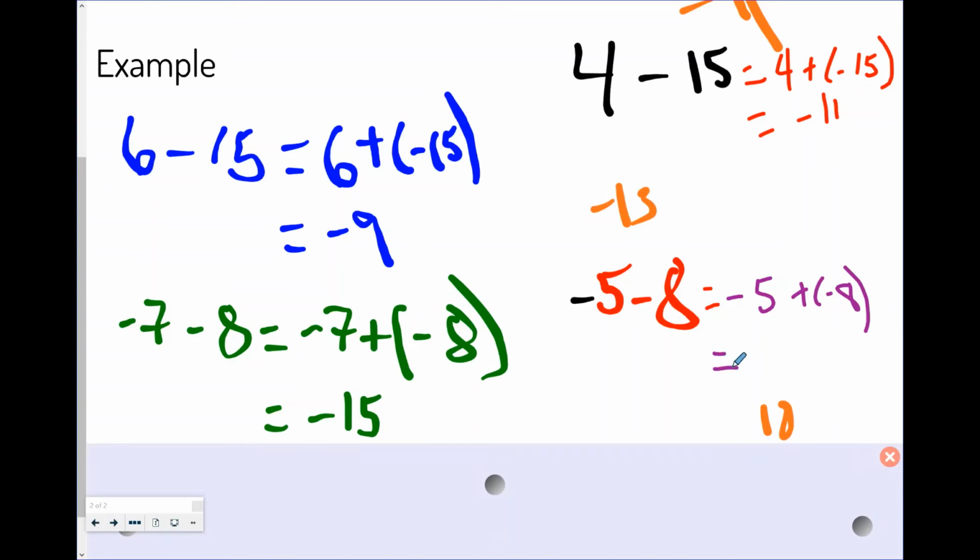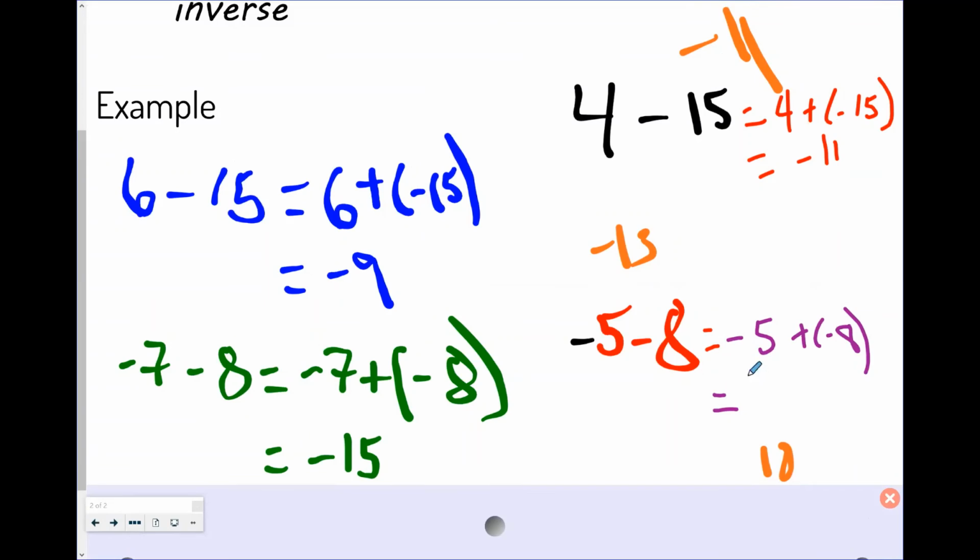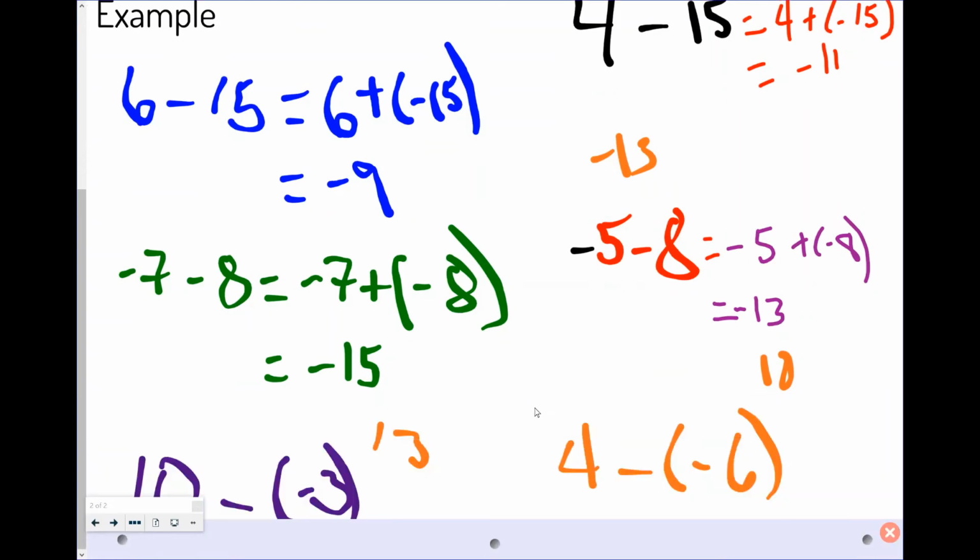Again, just like with adding integers, we're going to add, which is going to be 15. No, it's going to be 13. I'm looking at that problem down there. Is it going to be a negative or a positive? It's going to be negative, because you carry that negative over. Okay. Last one. Actually, 2 more.